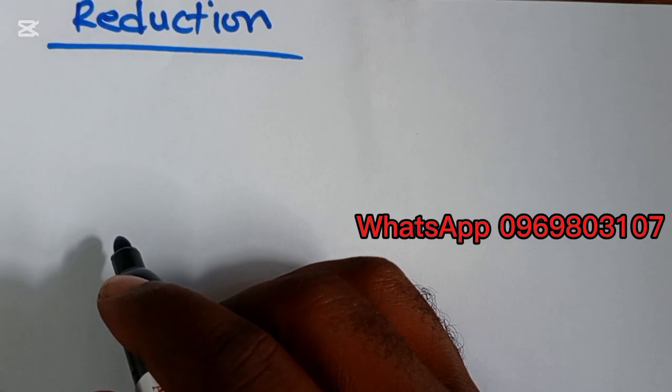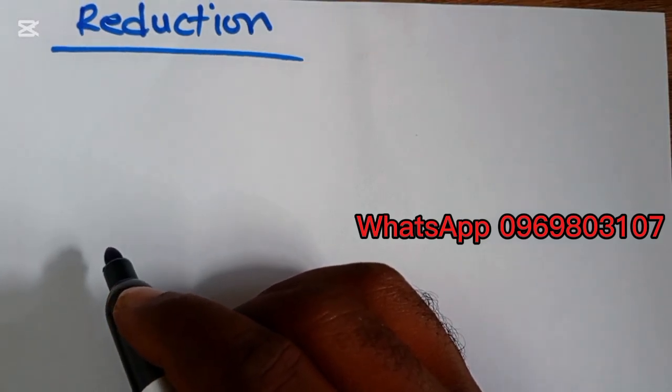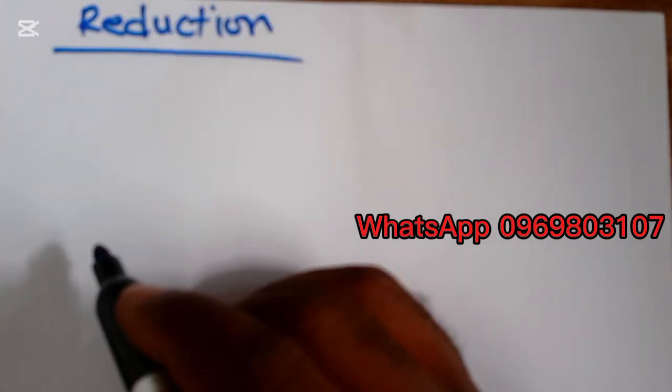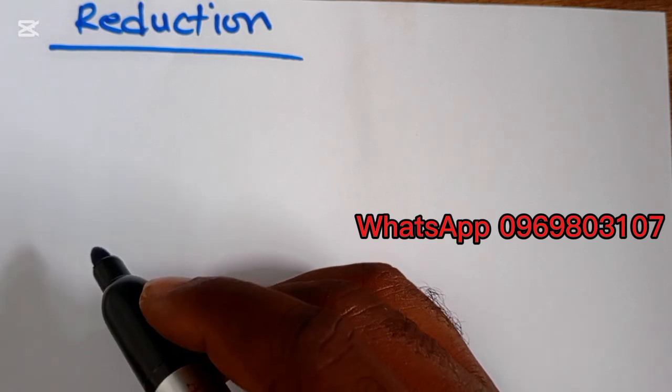In this reduction method, the zinc oxide which was produced during roasting will be converted to zinc and carbon dioxide.